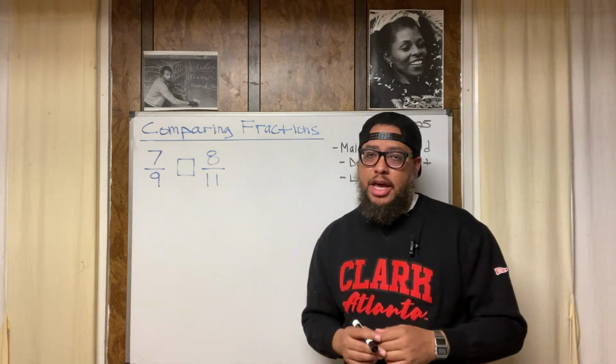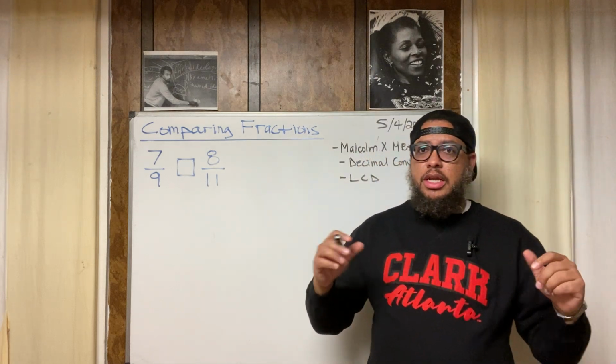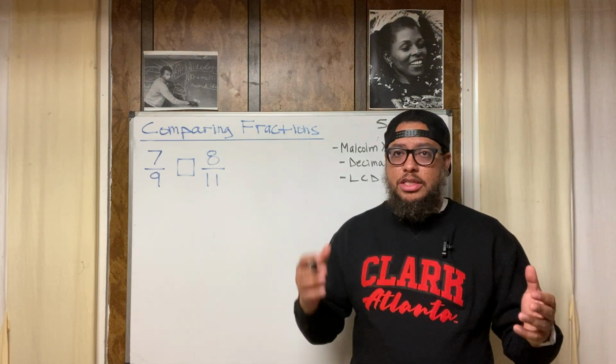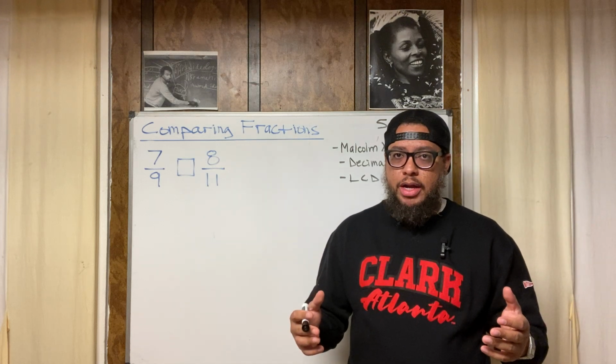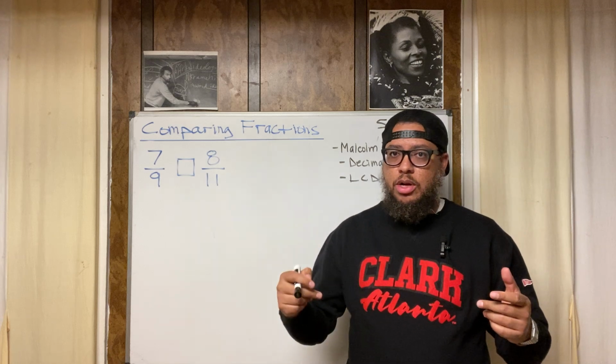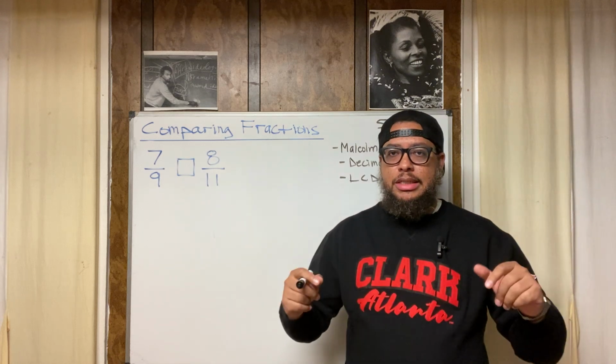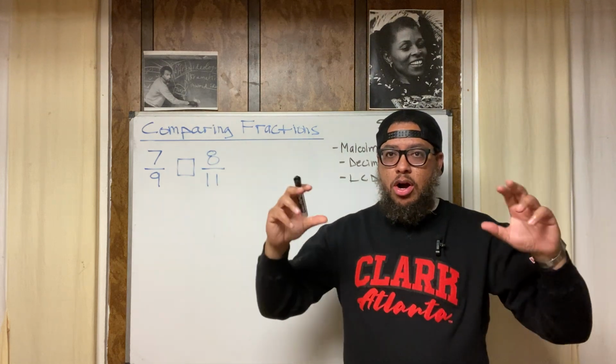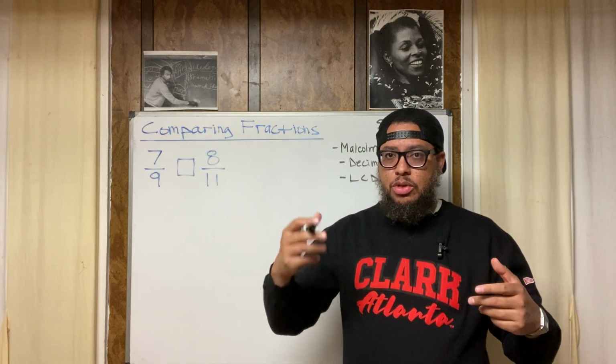Because two fractions can have different numerators and denominators and still have the same value. For example, 3/4 is equivalent to 9/12. 3 and 4 are different from 9 and 12. They're different numbers. But the relationship between the numerator, the top number, and the denominator, the bottom number, is the same. 3 out of 4 is equal to 9 out of 12.